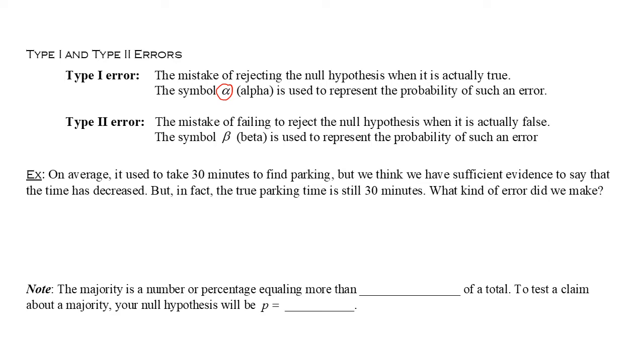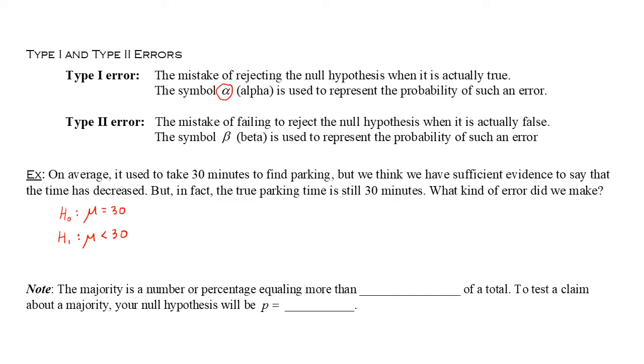In this case, our null hypothesis was that mu equals 30, and our alternative hypothesis would be that mu has decreased, that it's less than 30.